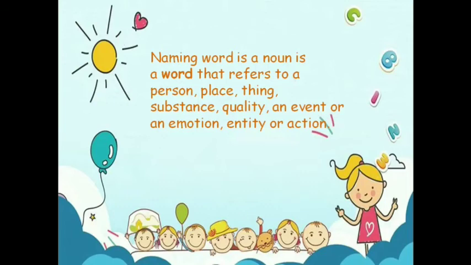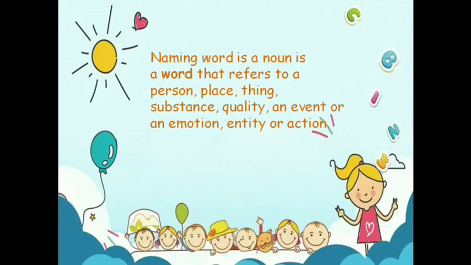And how about the thing? The thing is something around you right now that you can see and then you can touch also. For example, like cupboard, a bed, or maybe table, fan, everything that's around you, and then you can mention the name, then it's called a naming word.